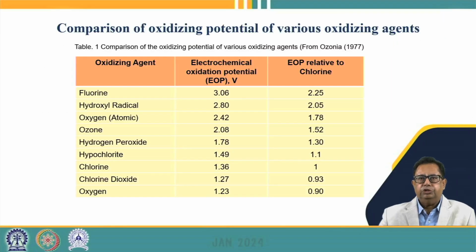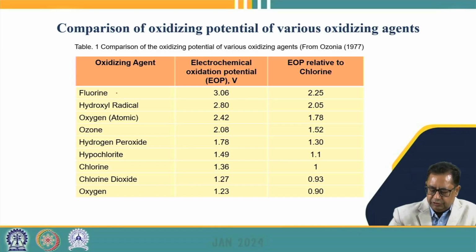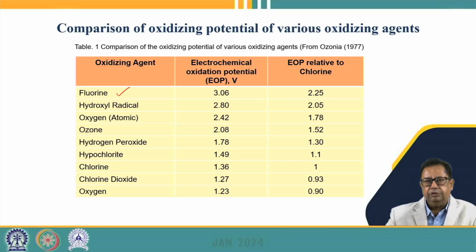If we compare the oxidizing potential of various oxidizing agents, you can see here that a list of the oxidizing agents is given. So fluorine has the topmost position with the electrochemical oxidation potential, EOP, of 3.06 volts, right? And similarly, we have the hydroxyl radical after that, that is 2.8 volts, and similarly atomic oxygen, then ozone, right?